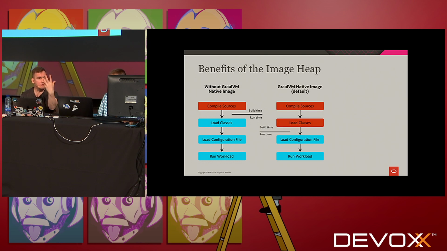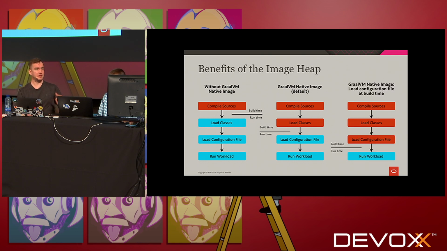So with the GraalVM native image by default, the border between what is done at generation time versus at runtime is a little bit lower, right? The classes are already loaded. And then you can also provide some facility to initialize the application to a better extent than the default.